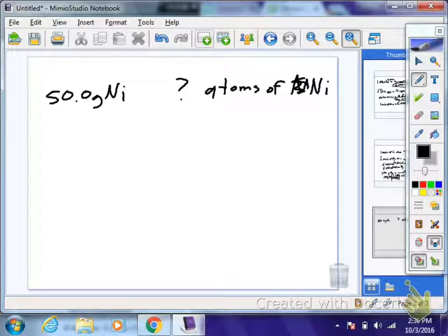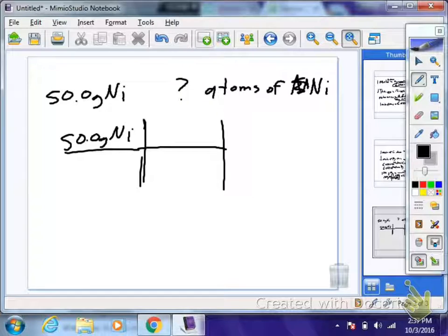So out in front I put 50 grams of nickel, and then I'll let you do the rest. And over here we want atoms of nickel. So fill in the slots.